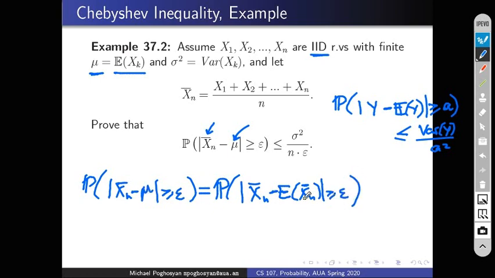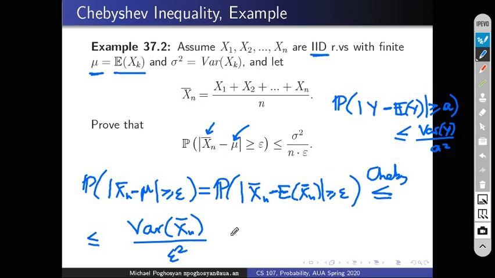This is because mu was the expected value. Now I have the form of our Chebyshev inequality. So this is Y, this is expected value of Y, the absolute value of this difference is larger or equal than something. So by Chebyshev inequality, this is less or equal than the variance of this random variable, X̄n, over epsilon squared. So it remains to calculate the variance of this random variable.